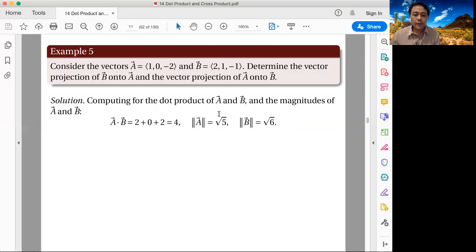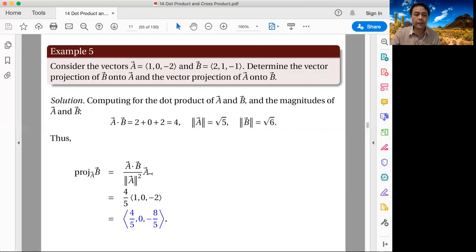Okay? So the projection of B onto A would be parallel to the vector A. So that's why you should have the vector A here. And then you just get the dot product and over the square of the magnitude. And that's what we have.